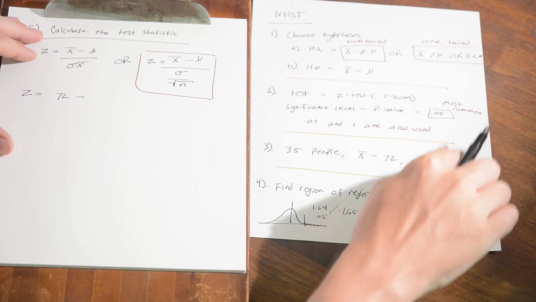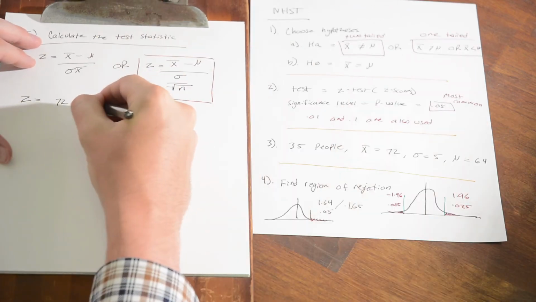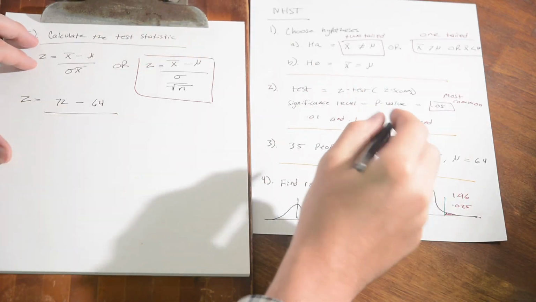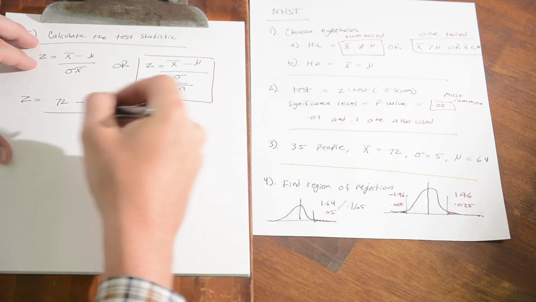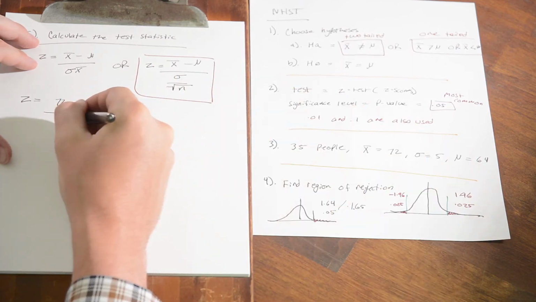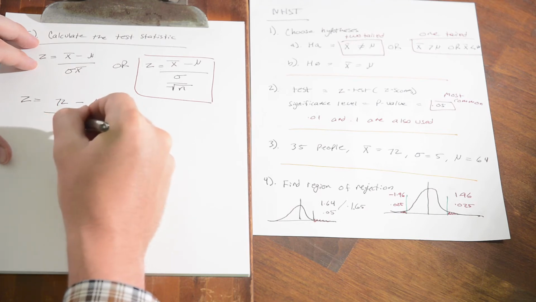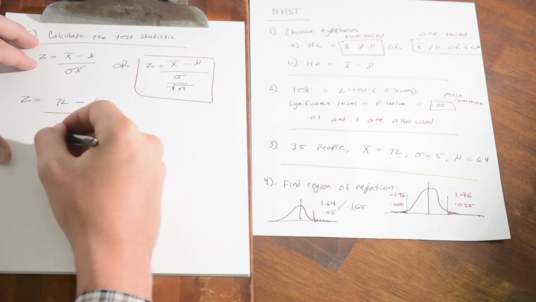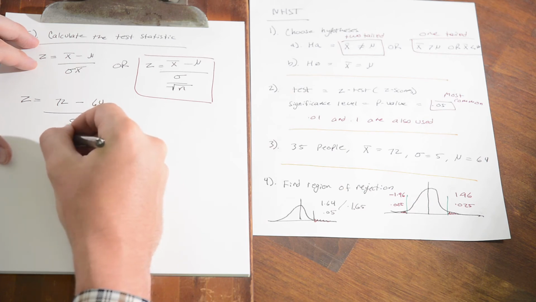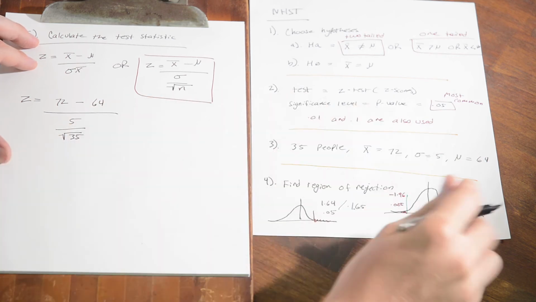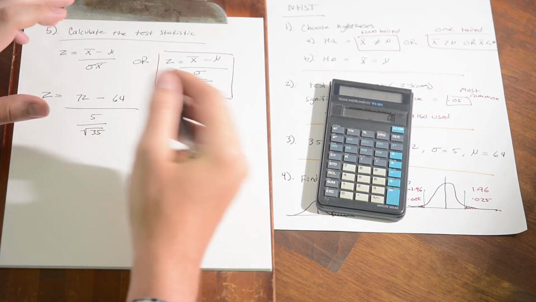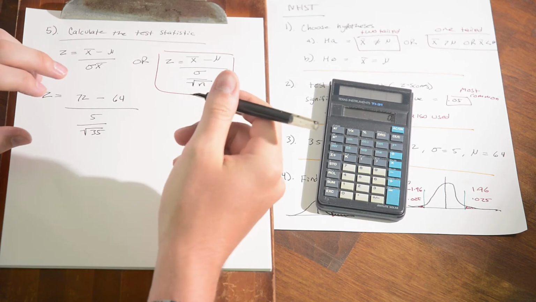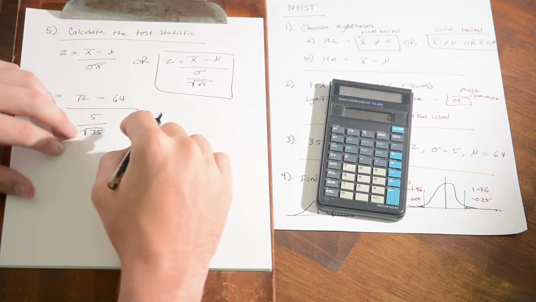You can see over here, 64, over our standard deviation, and again, this is our population parameter, is 5 over the square root of n, which was 35. I'm going to go ahead and condense steps here a little bit. You can go back and watch the videos on how to calculate z-scores if you need a more in-depth version of how to do this.